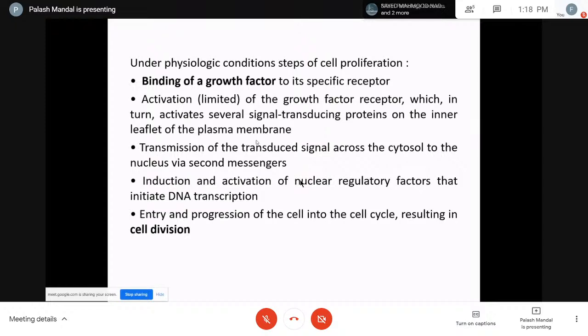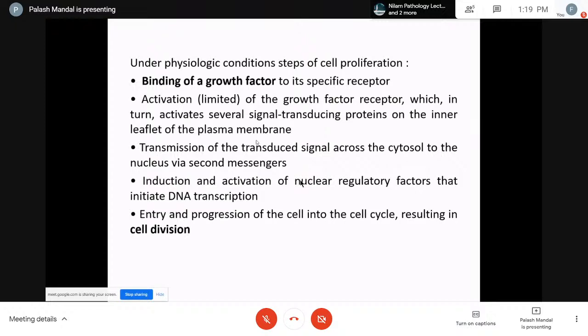Am I clear? These diagrams I had shown you before also, and it is very clearly given in Robbins. There is the plasma membrane and there is a growth factor receptor, which is usually acted upon by a growth factor which comes from the body, and it is a signal. Everything is a signal. So growth factor comes as a signal and attaches itself to the growth factor receptor, meaning that in the cell there has to be some growth.